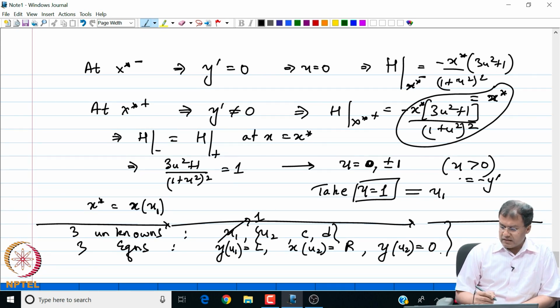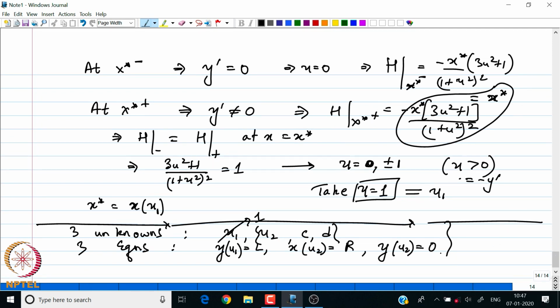I want to end the discussion on this topic by mentioning what we have got. The shape of the cone profile is like the following, where it is flat at the top. So the shape is like a frustum of a cone, or the shape of a cone which is in between two parallel plates.